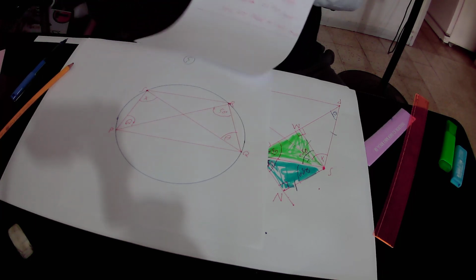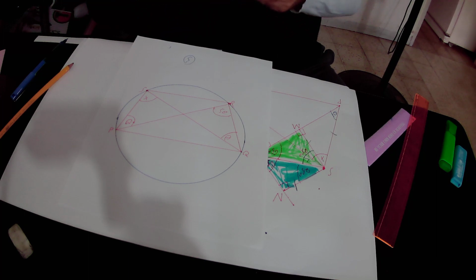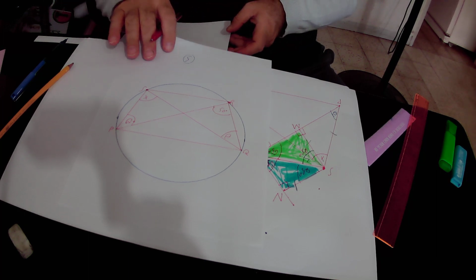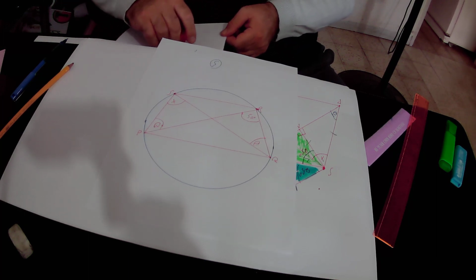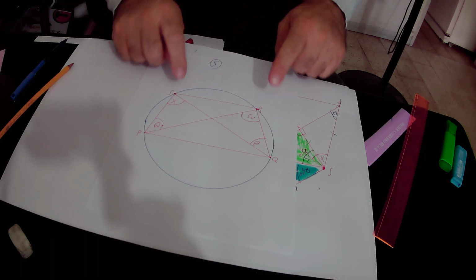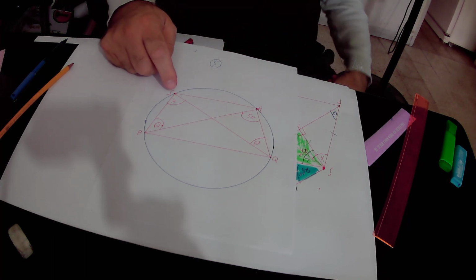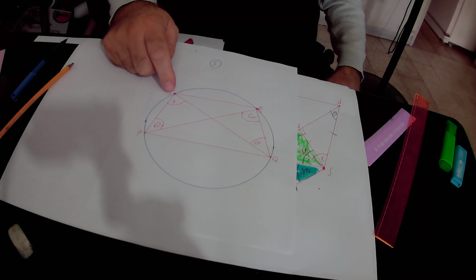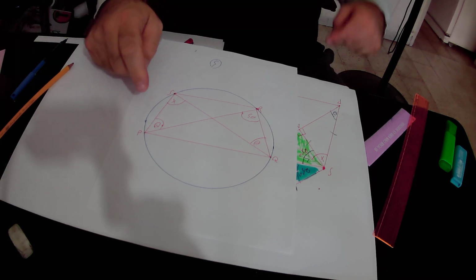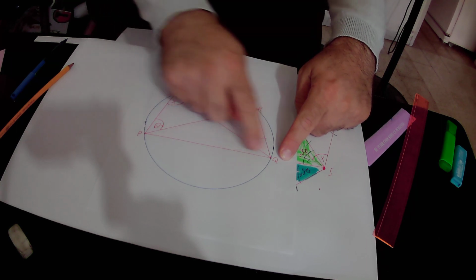So we actually can implement rule number 2 in our drawing here. As you can see from this drawing, we have the peripheral angle X subtending on chord PQ, this chord.